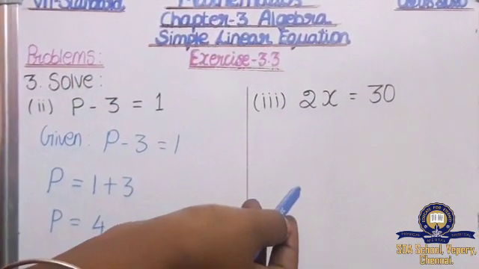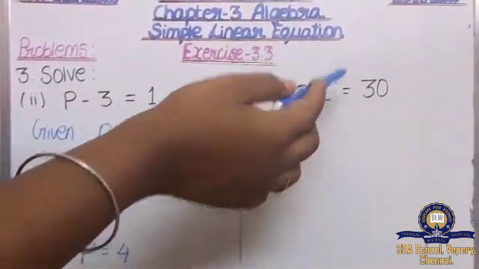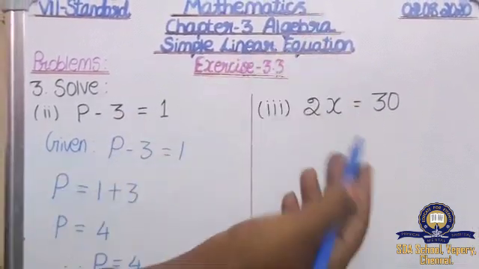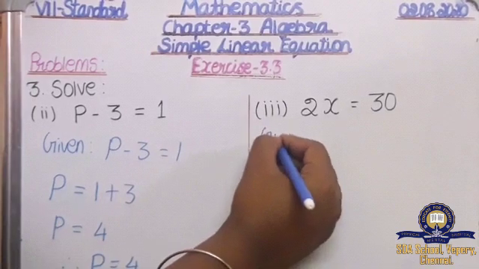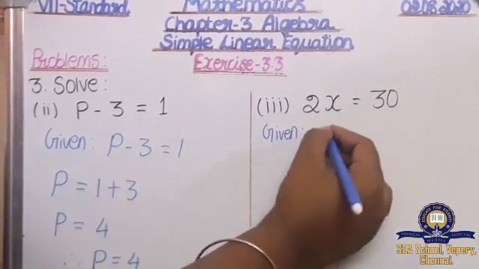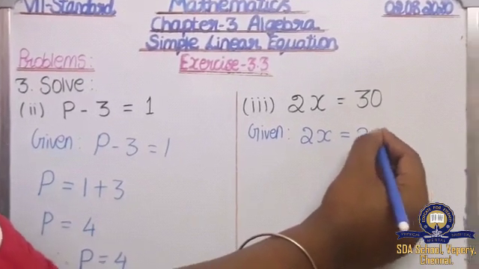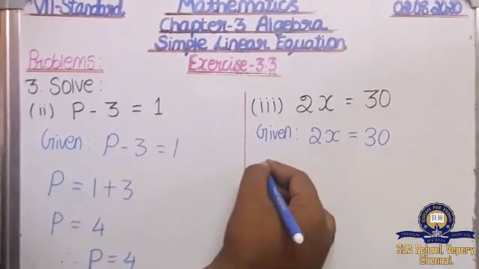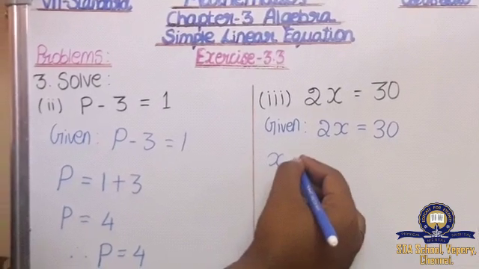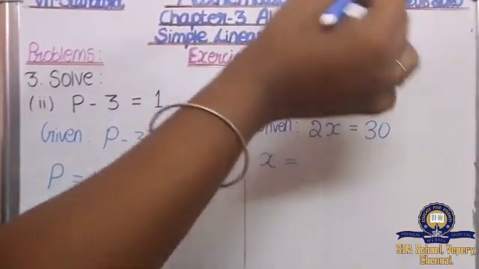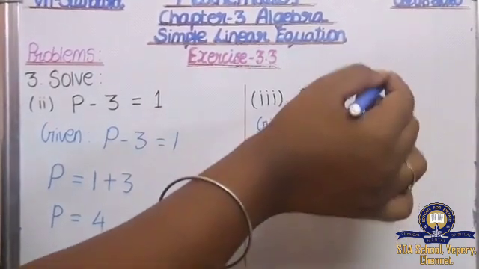Now we move on to our next problem. Here 2x is equal to 30. We need to find the unknown variable. The unknown variable given here is x. First write the given that 2x is equal to 30. The unknown variable is x, so keep it on the left hand side. Now 2 is a multiplication. When it goes to the other side, it will become divide.